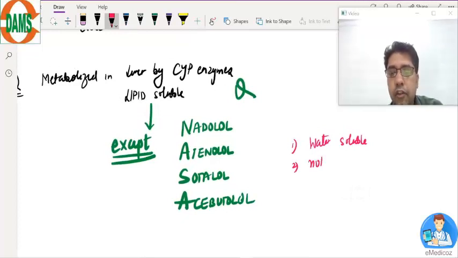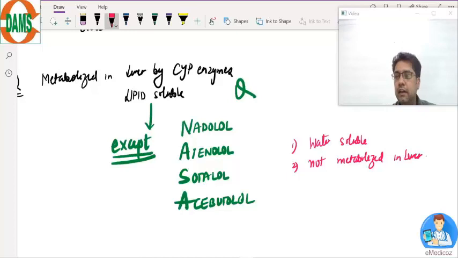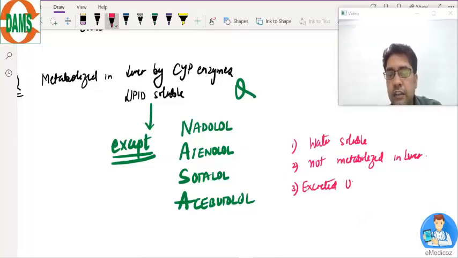They are not metabolized in liver. And if they are water soluble, they are excreted out of the body. They are excreted unchanged in urine because they are not metabolized.